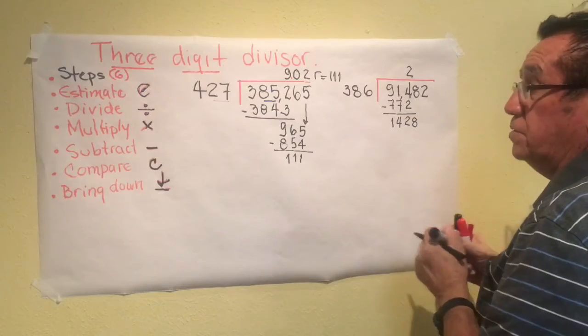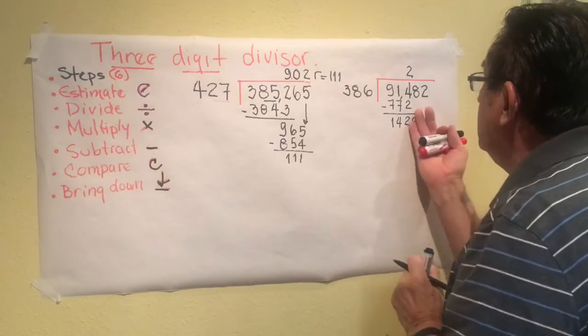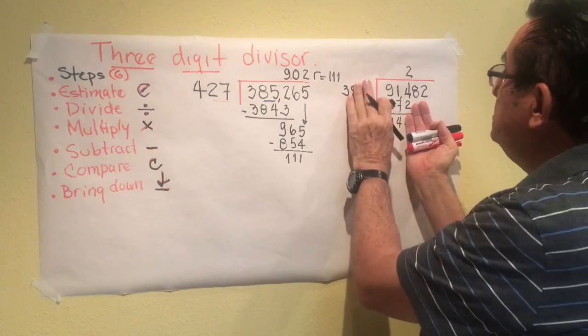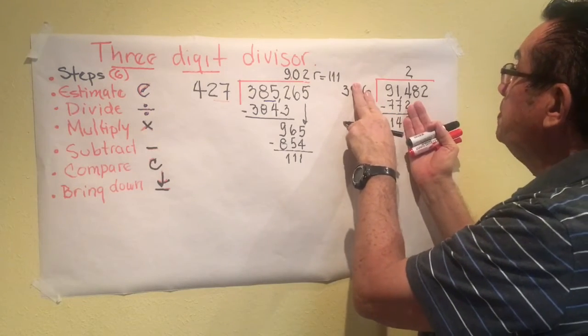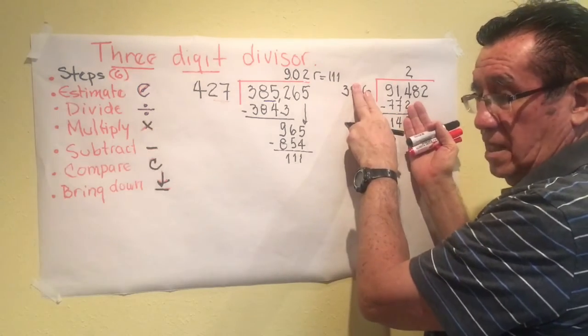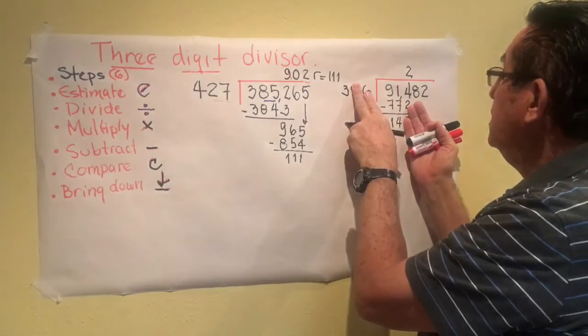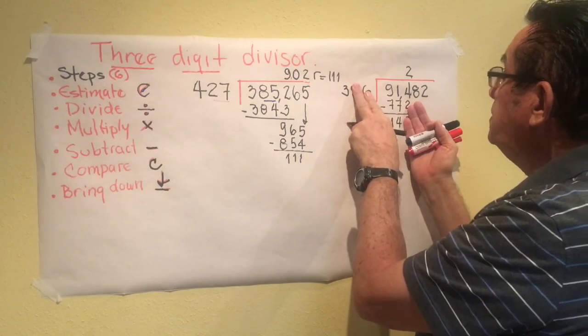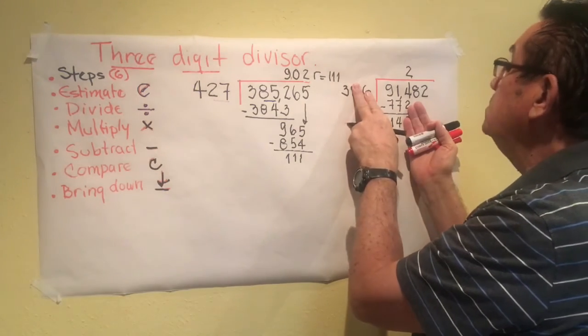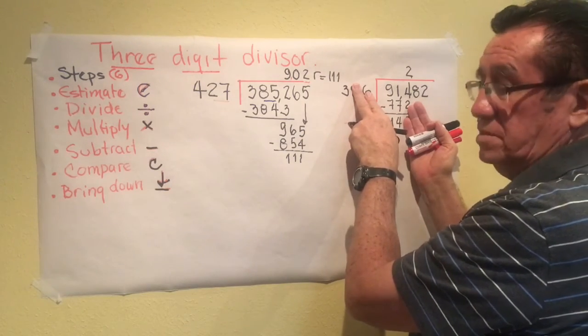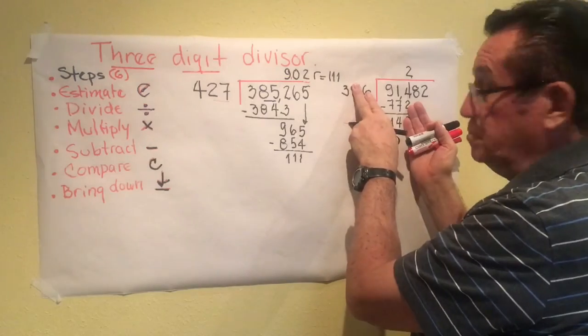Now I have to do again my estimation. I close these two ones and I say, how many 3's are there in 14? Well, could be 4. 3 times 4 is 12, but it's very close to 400, so I better use another smaller number.